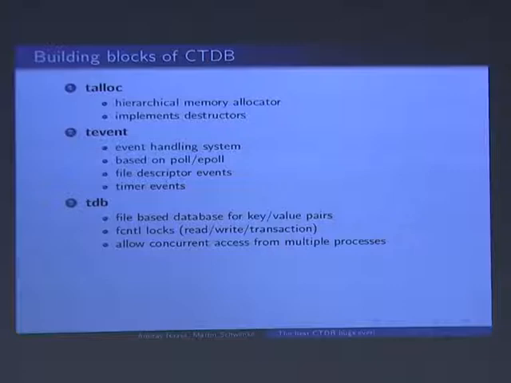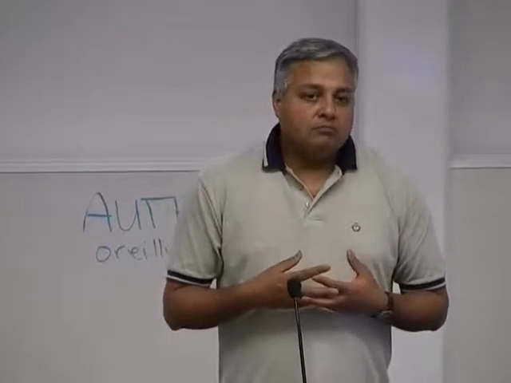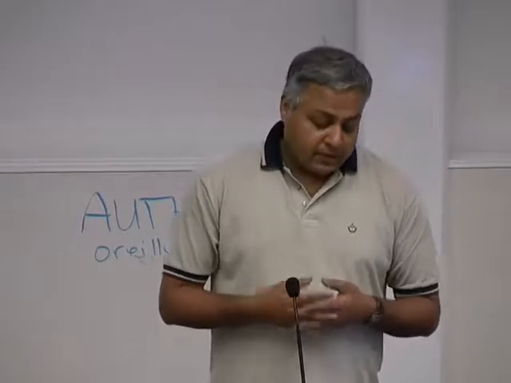All three components were developed specifically for Samba. Tevent is really the crucial part of CTDB, which gives us asynchronous event handling and makes it perform really well. And of course, there is TDB, which is a file-based database.